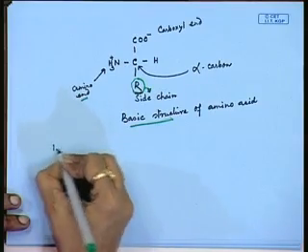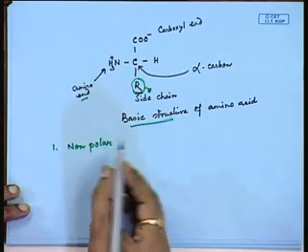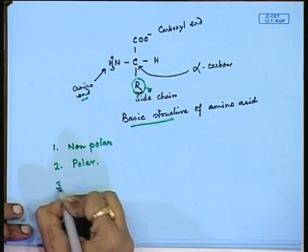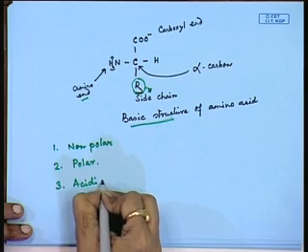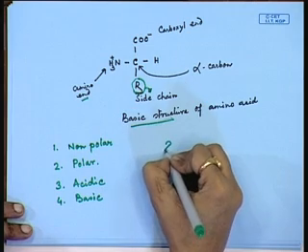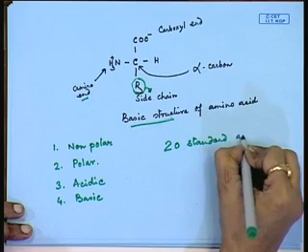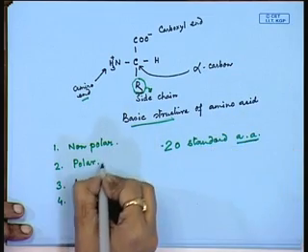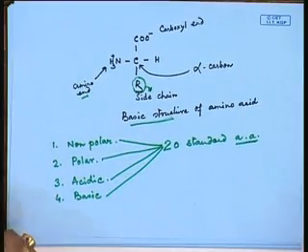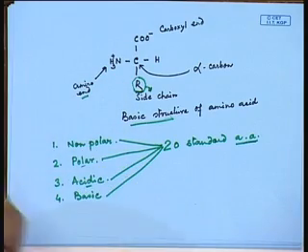One is the non-polar or hydrophobic amino acids. The second group is the polar or hydrophilic amino acids. The third is the acidic amino acids, and the fourth group is the basic amino acids. So these 20 standard amino acids have been divided into 4 different categories: some are non-polar, some are polar, some are acidic, and some are basic in nature.